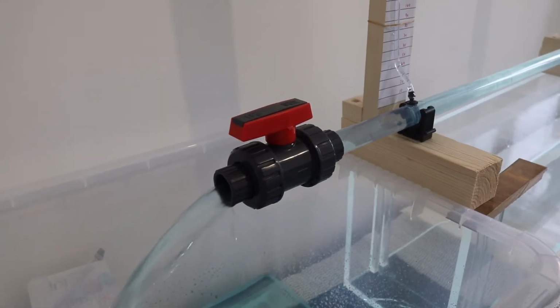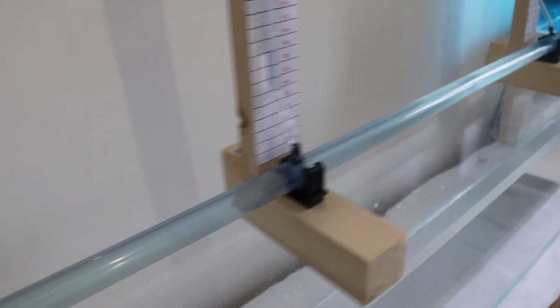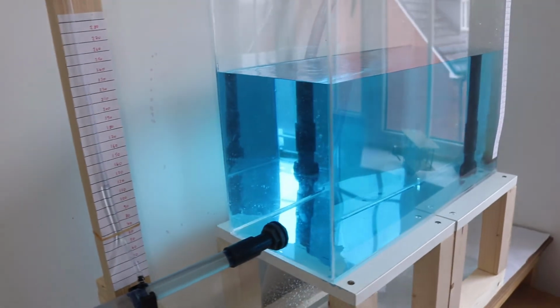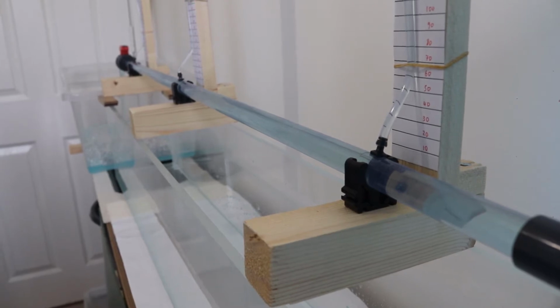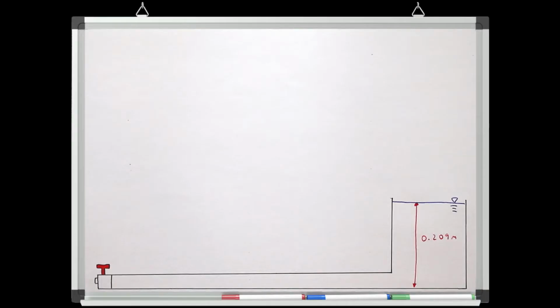We know that we're going to lose energy in this system due to friction, viscosity and turbulence. So can we measure how much energy we've lost along this pipe? Let's define 4 points along this system and work out the total pressure head at each point. Point number 1 is the water surface of the tank that's feeding the pipe.